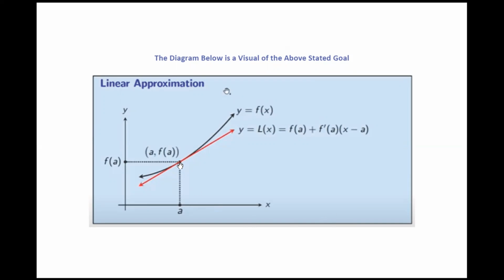So this function would be a close approximation of this function right here, anywhere from about here to down here, but then the two no longer seem to be close to each other, and it would not be a good way to approximate the answer.